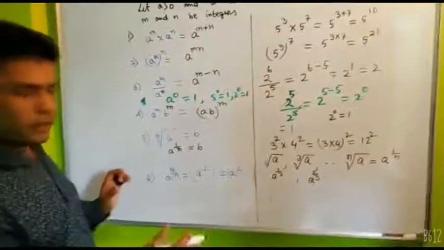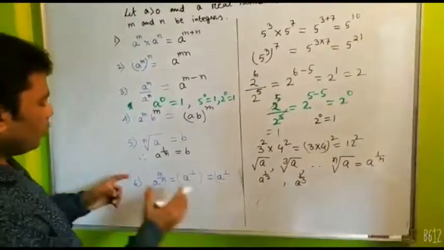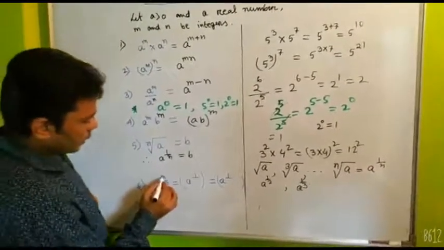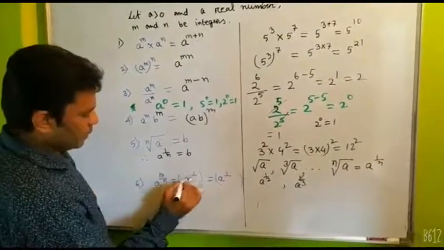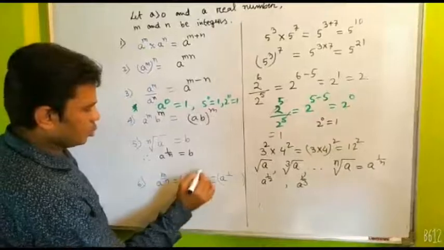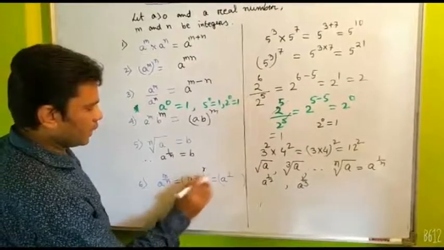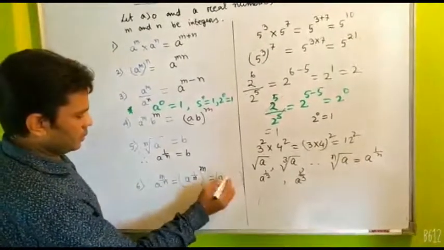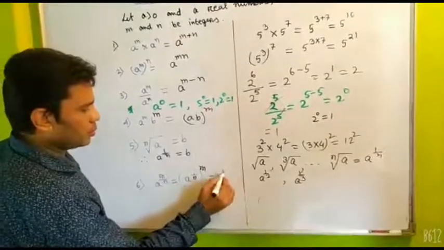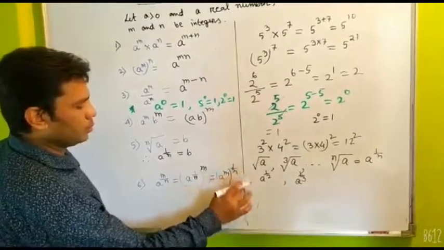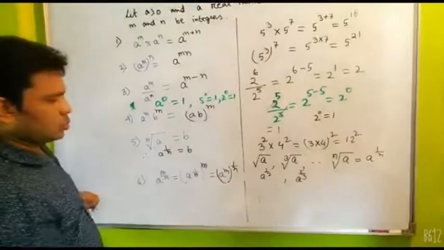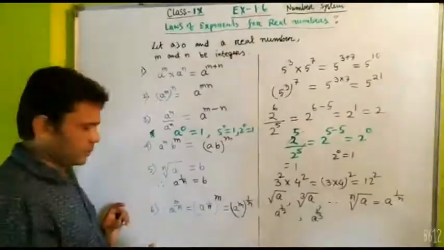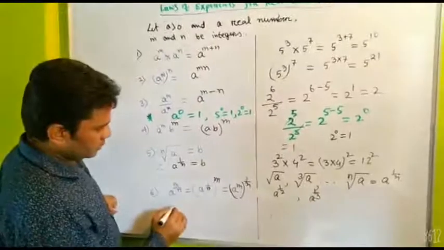And here if we add some laws, we can write, suppose m by n, a to the power m by n. We can write a to the power m whole to the power 1 by n, or a to the power 1 by n whole to the power m. So these are the laws of exponents for real numbers.